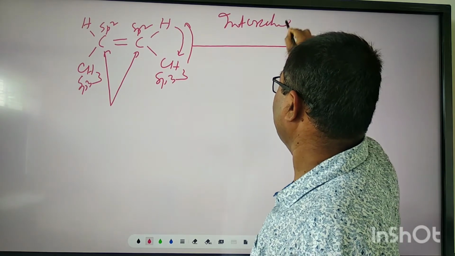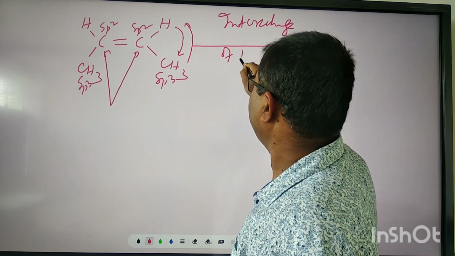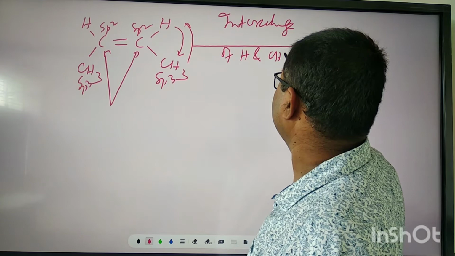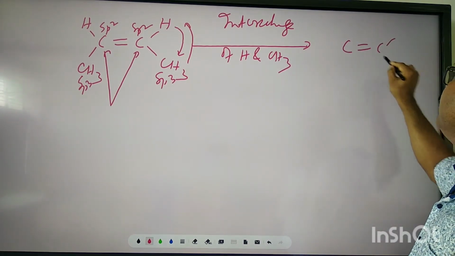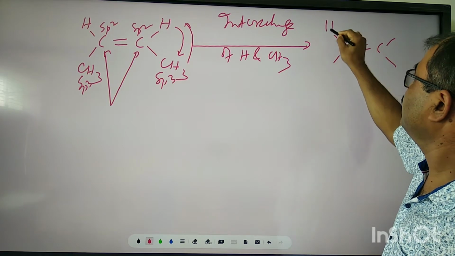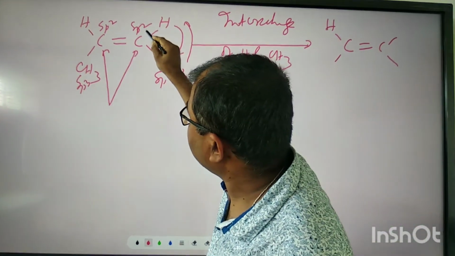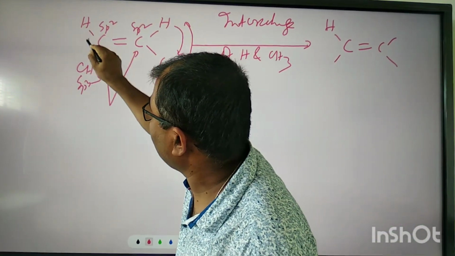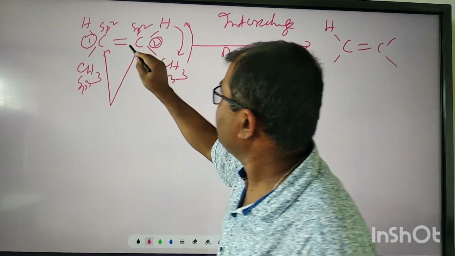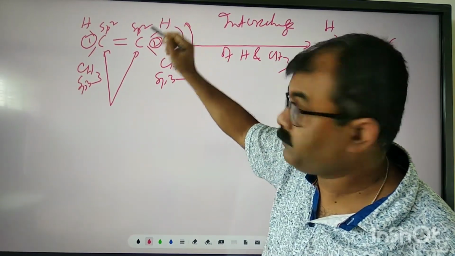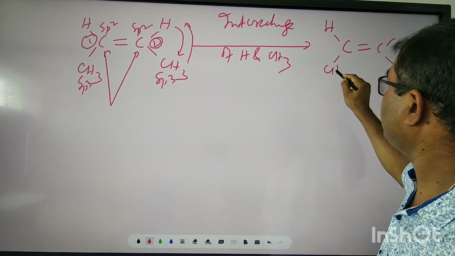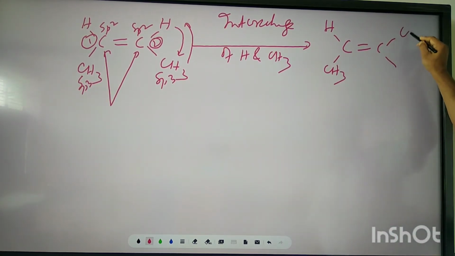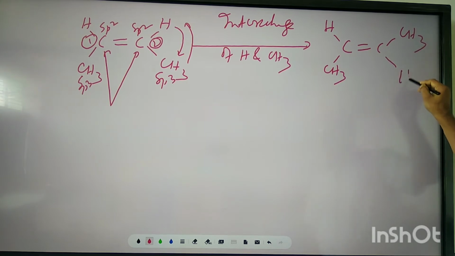Interchange of H and CH3, then what do we get? Suppose this is carbon number 1 and this is carbon number 2. In carbon number 2 we are interchanging. Alright, this is CH3, this is CH3, this is H.